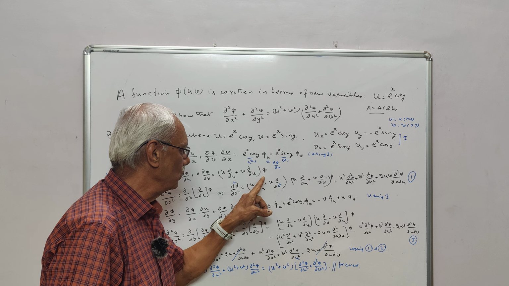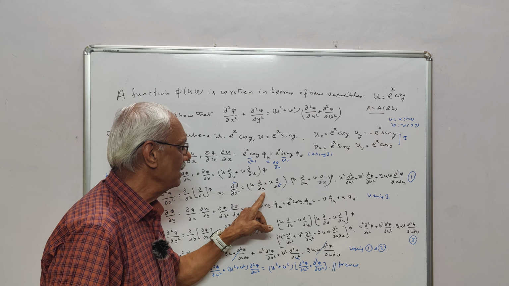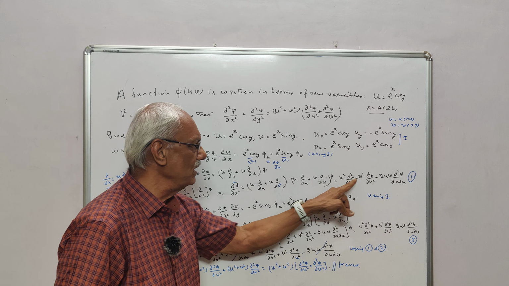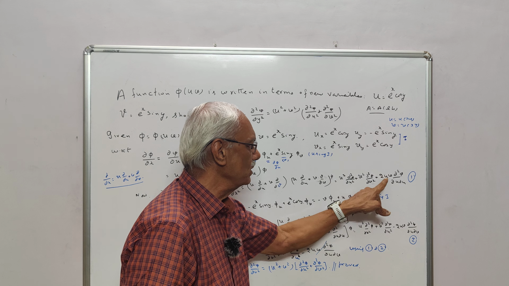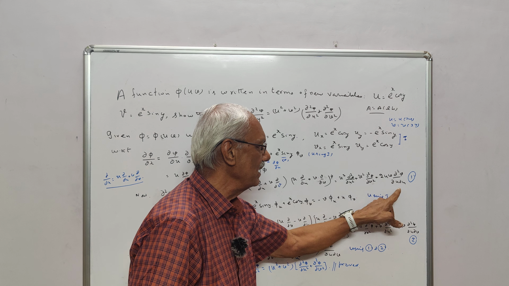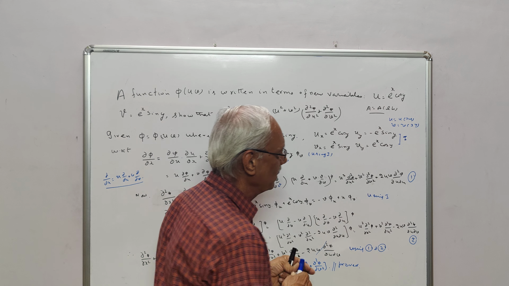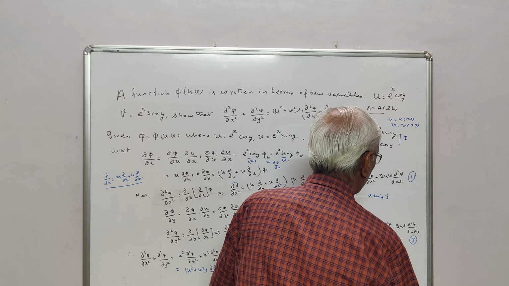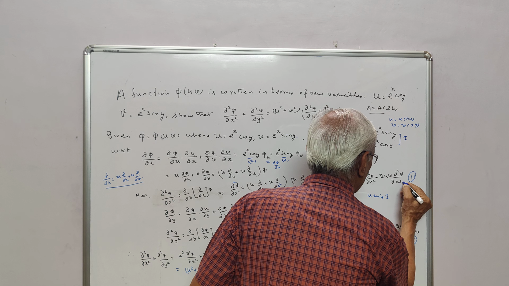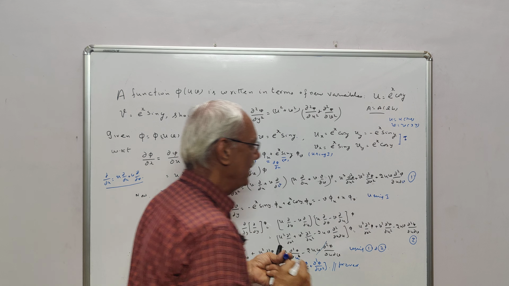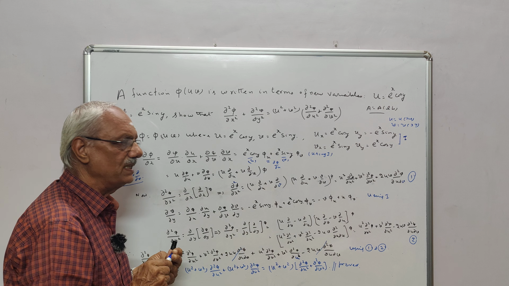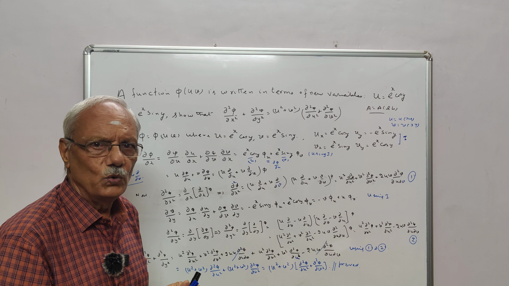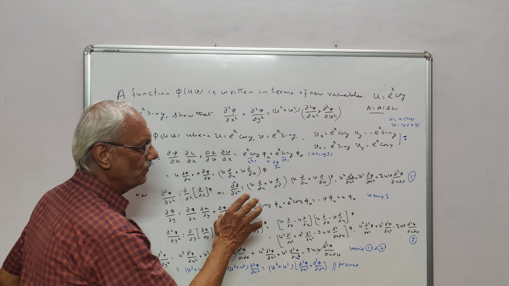So u² ∂²/∂u² plus v² ∂²/∂v² plus 2uv ∂²/∂u∂v. And this phi is coming because we are differentiating this phi with respect to x and y. Therefore, we get this result.